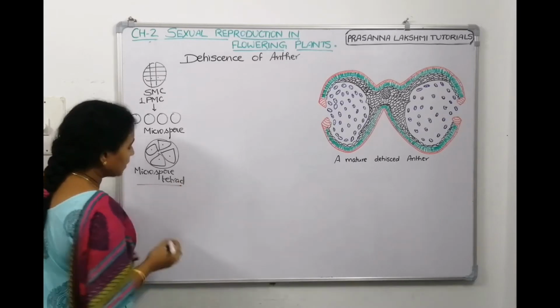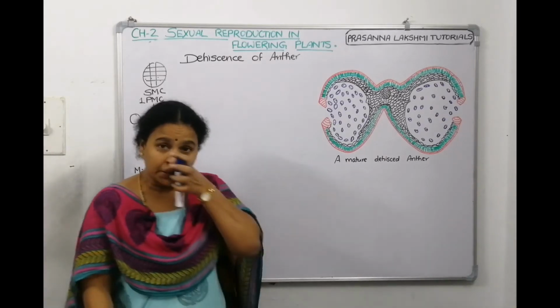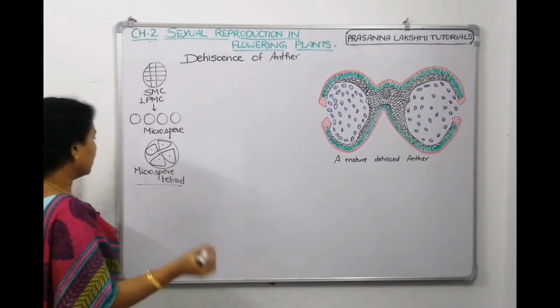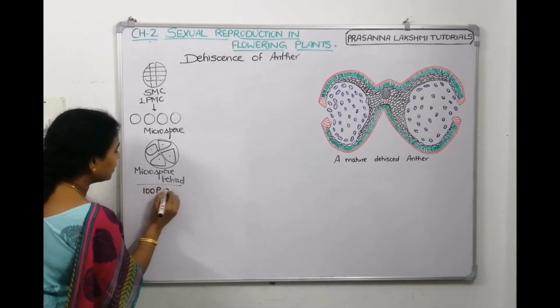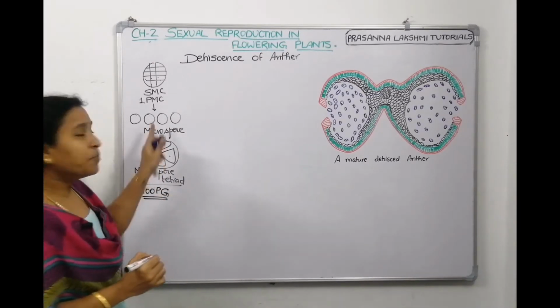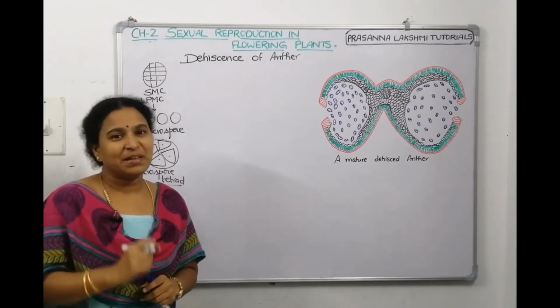Now I think in the previous lecture I asked you a question: find out for formation of 100 pollen grains, how many pollen mother cells are required? I asked you to post it in the comment box.